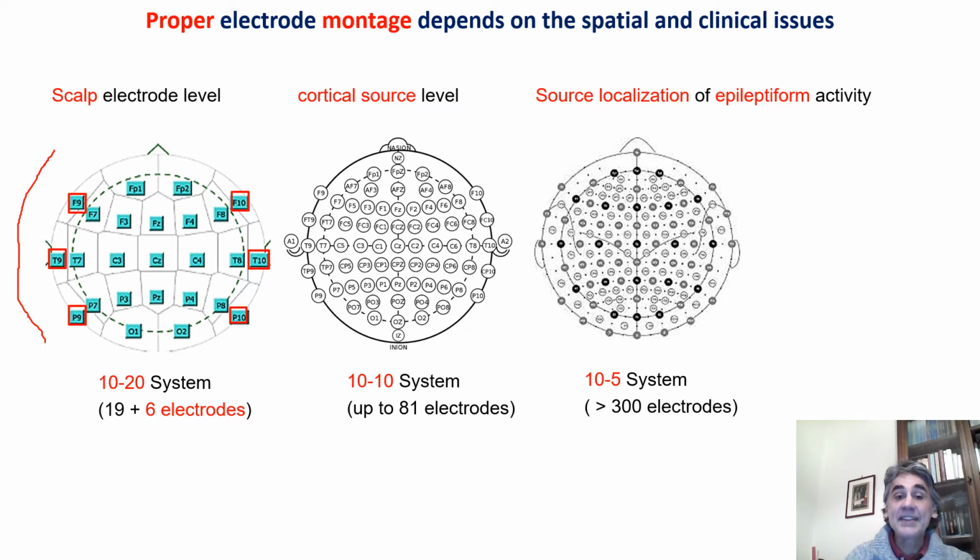For the analysis of cortical sources of resting state EEG, a 10-20 system up to 81 electrodes may be required. For the source localization of epileptiform activity, the use of a 10-5 system, for example, at 128 or 256 electrodes, may be necessary to have accurate estimation of these sources of epileptiform activity.